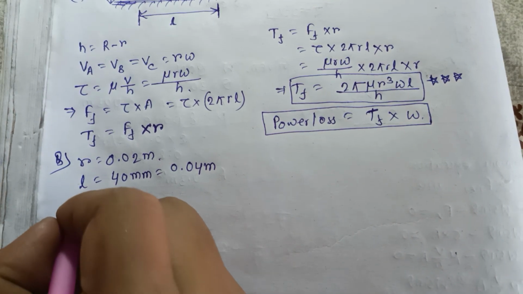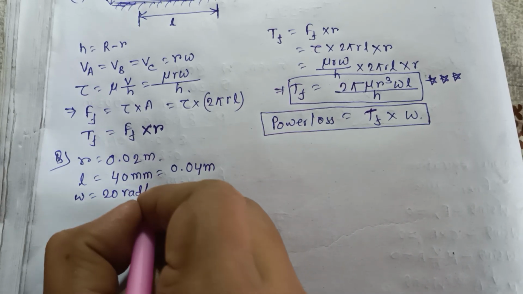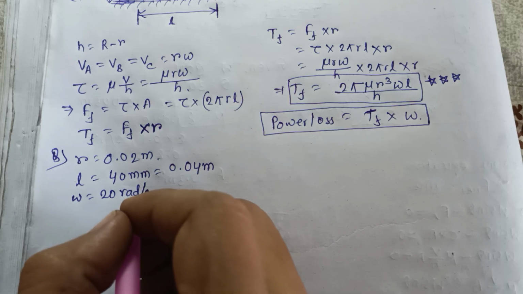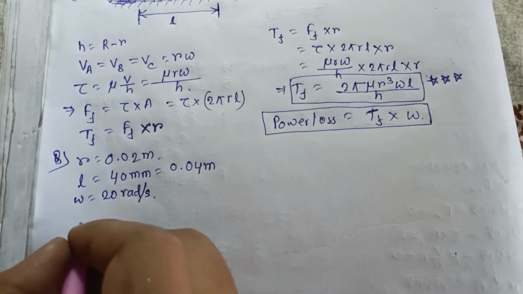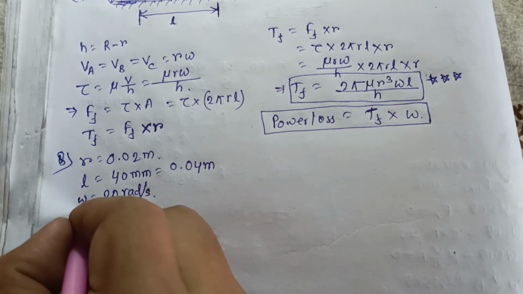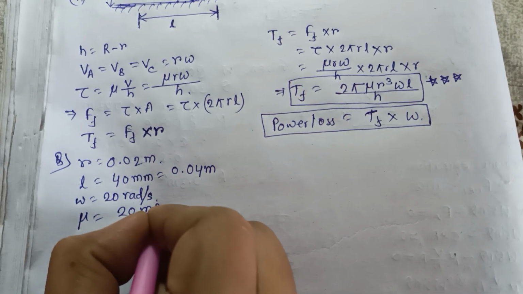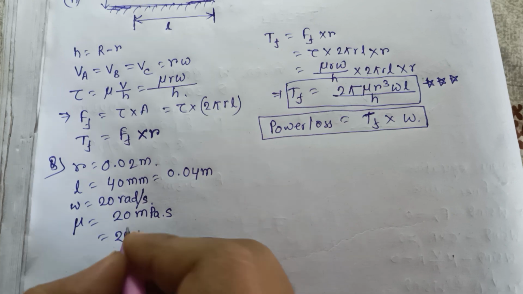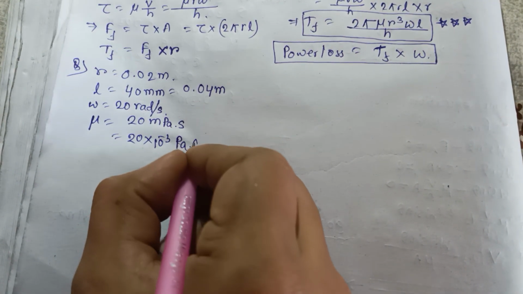So omega is given, that is 20 radian per second, and the viscosity of the lubricant mu is 20 millipascal second, which is equal to 20 into 10 to the power minus 3 Pascal second.